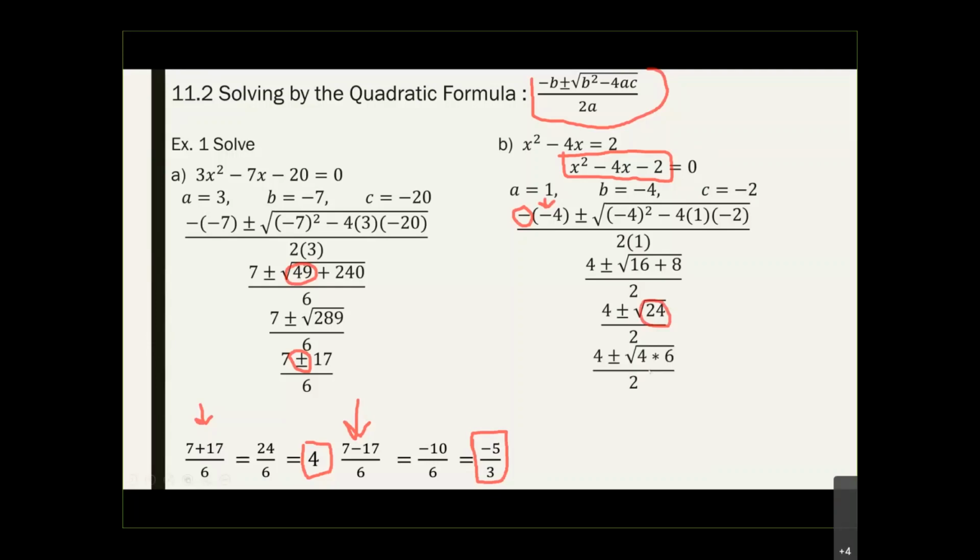If you remember, 4 times 6 is 24, and 4 is a perfect square, so I can extract this 4 to the outside. Because 4 is on the inside, I can take out 2, so I have 4 plus or minus 2 square root of 6, over 2.